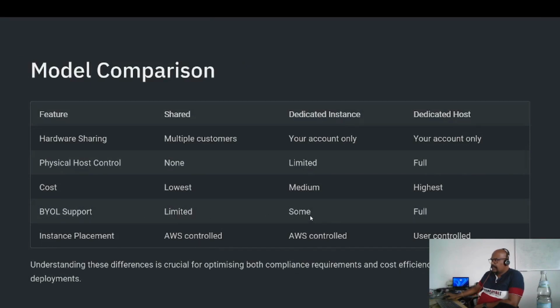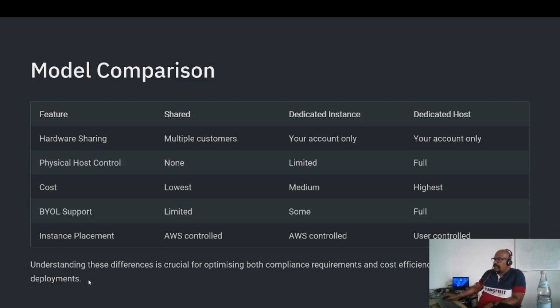With dedicated instances, some licenses can be used, but with dedicated hosts, full license support is given. As the physical hardware is fully given to the customer, they can use their own licenses fully.